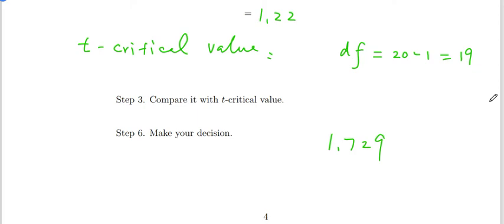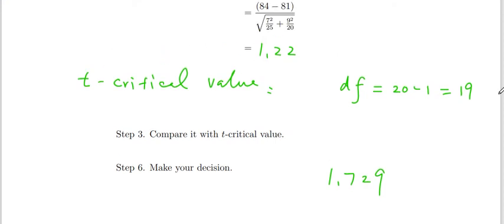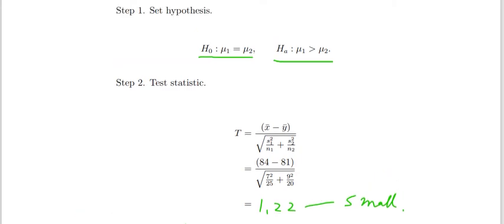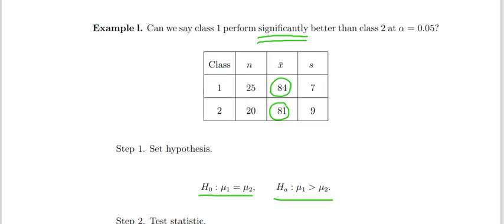We find this 1.22 is small, so we say this number is a small number. A small number means the difference, 84 versus 81, is not so big.